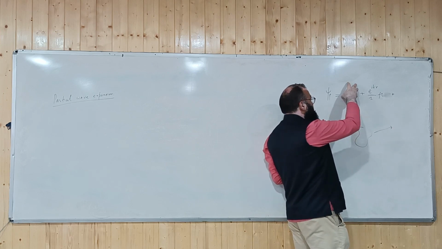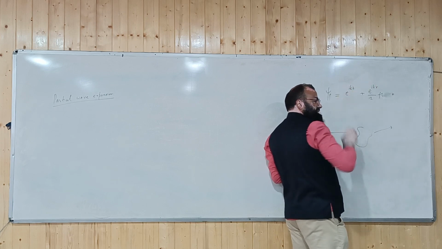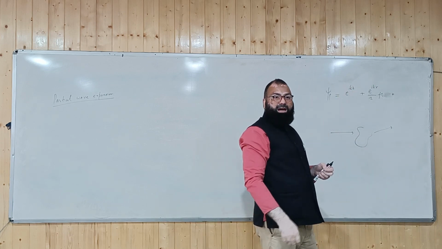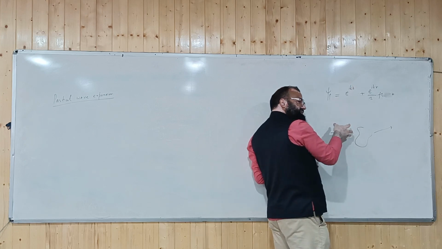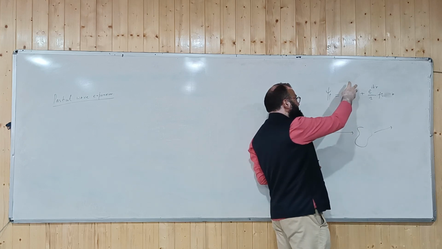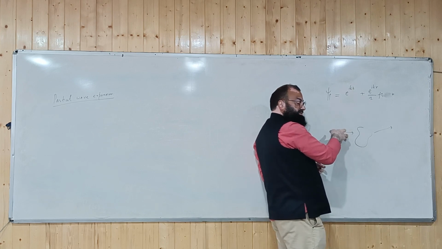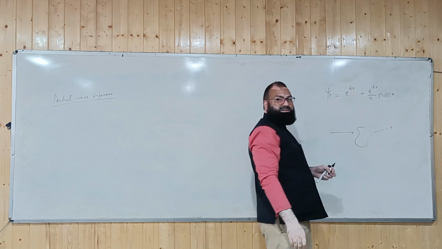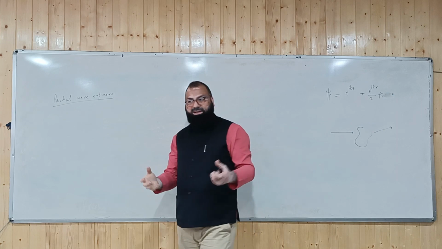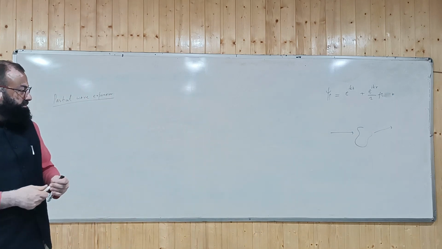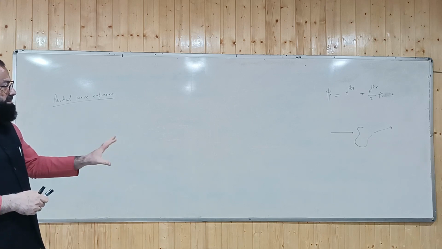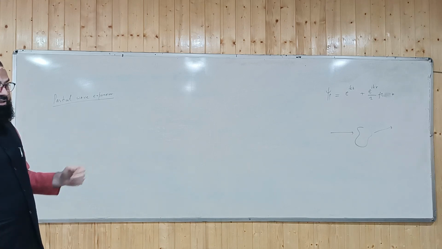But the particle is represented by a plane wave while the outgoing wave is a spherical wave. So I want to write this incident wave in terms of spherical waves. Outgoing waves are spherical waves, so then you can compare the two because the nature of the wave is the same.